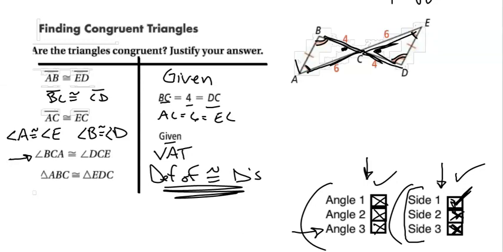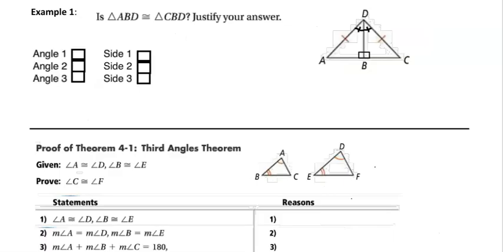Okay, go to the next page. So let's say we were looking at this. We're not going to write out a full proof. Let's just see if we have enough to be able to say that these are congruent, because that's what it's asking. Are they congruent?